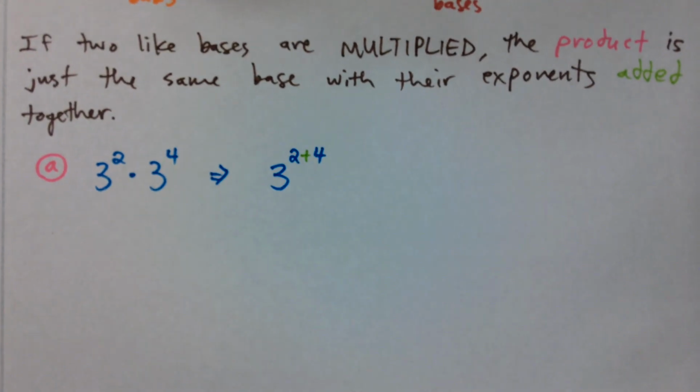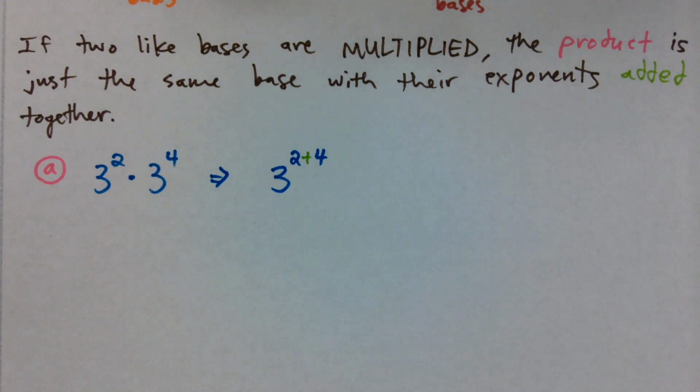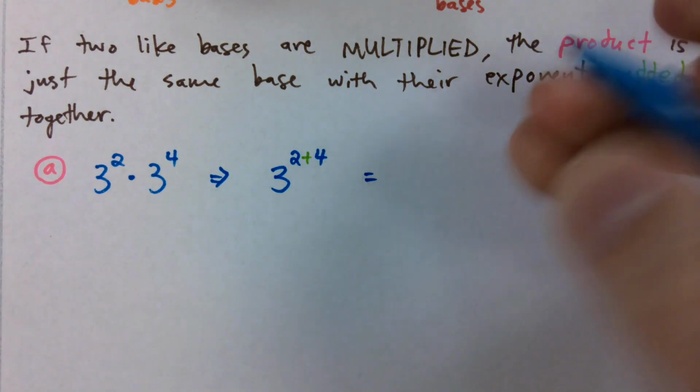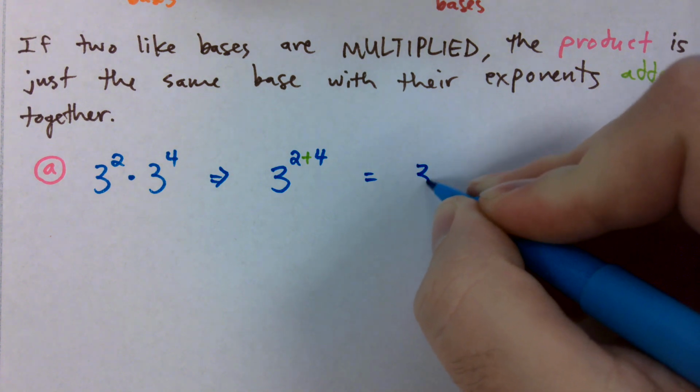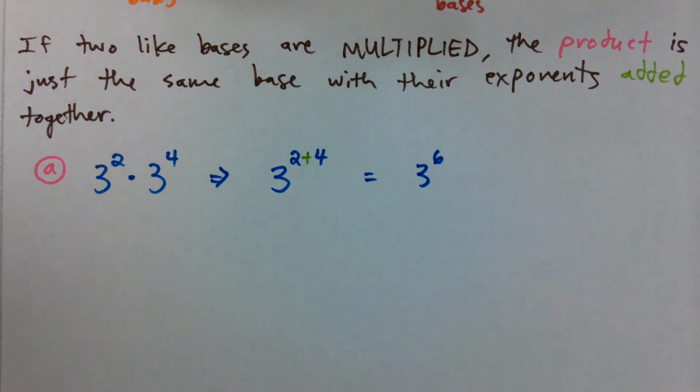Everyone see that all right? Okay. Super simple. All we're doing is recognizing we have like bases and then adding the exponents. So if you're pretty confident with how you add numbers together, this lesson is going to be a breeze. Okay? 3 to the 2 plus 4 ends up being 3 to the 6th.